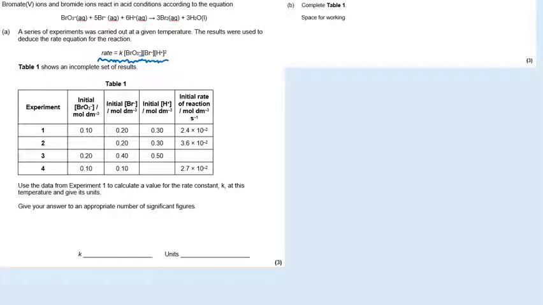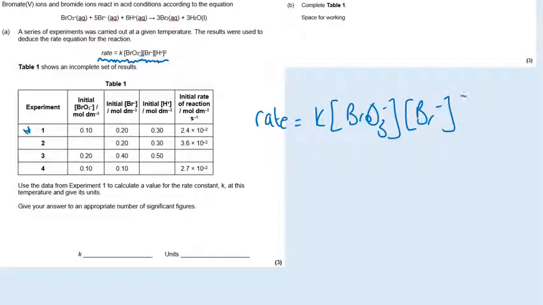Use the data from experiment 1 to calculate a value for the rate constant K at this temperature and give its units. Okay, well, we know the rate equation is rate equals K, concentration of bromate, concentration of bromide, concentration of H plus squared.